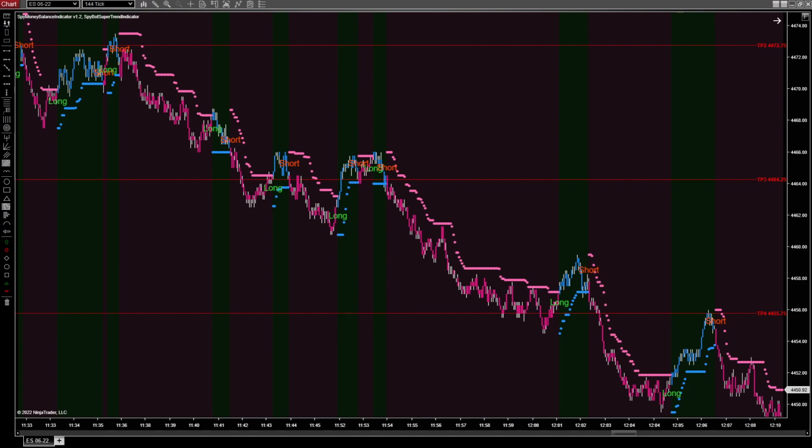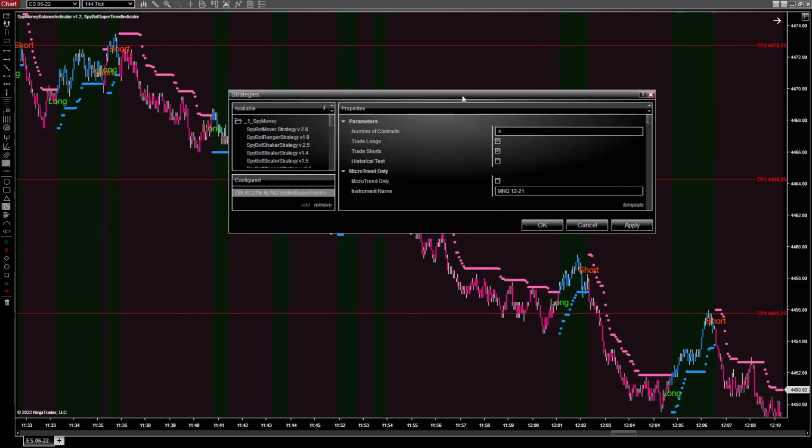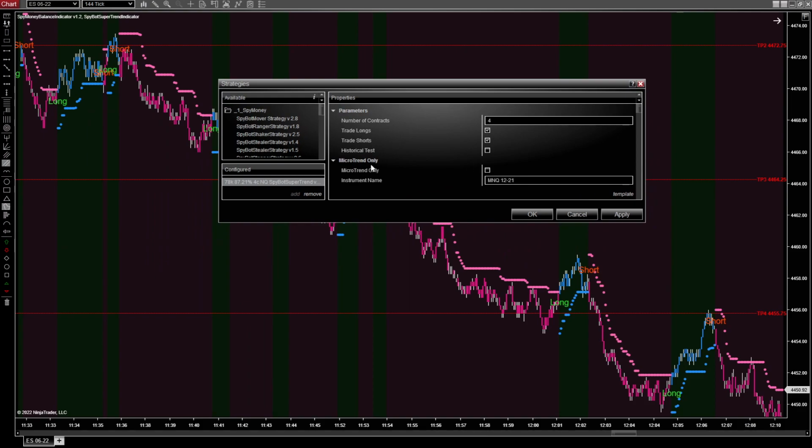So let me show you another one. So this one here, we have micro trend only. And so on the SuperTrend, if you're going to trade micros, our settings are for the minis, because minis and micros have different volume. And we trade SuperTrend usually on a tick chart, and you can't run the same settings on a micro.